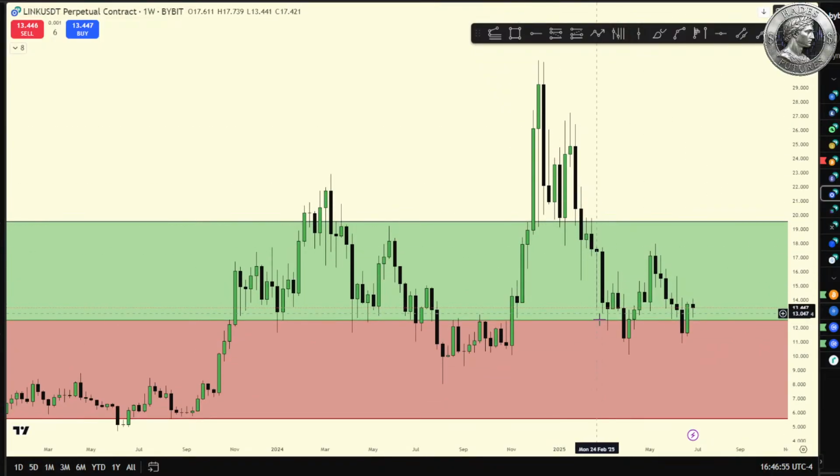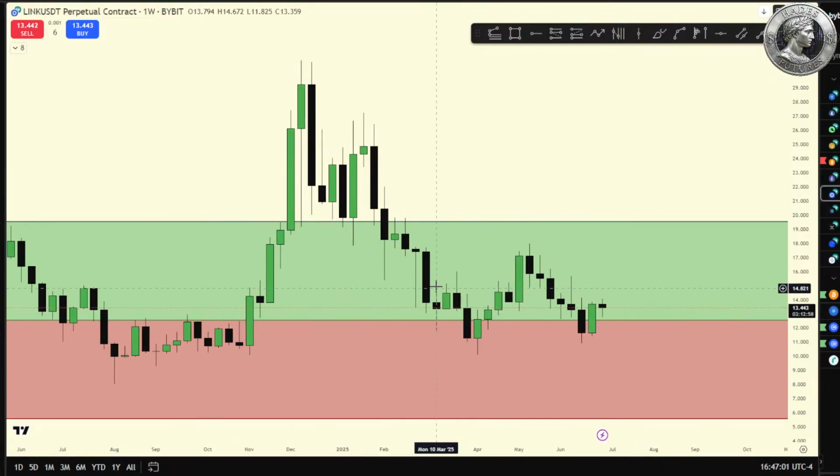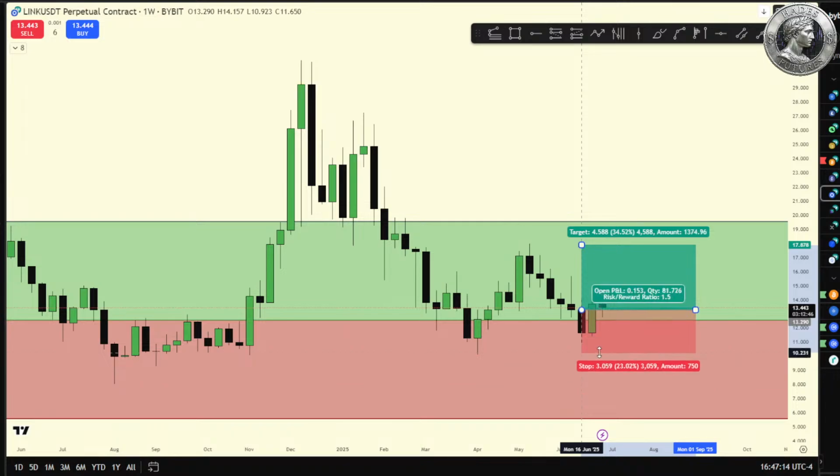And we want to see a push and break of this level here, 17. It will tell me, okay, we had it here. Now it's making a nice W. This is actually identified as an order block. This one here. So price shouldn't go below this.